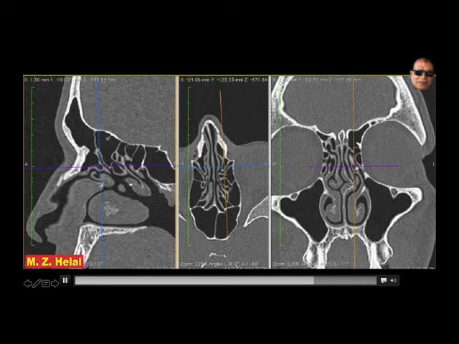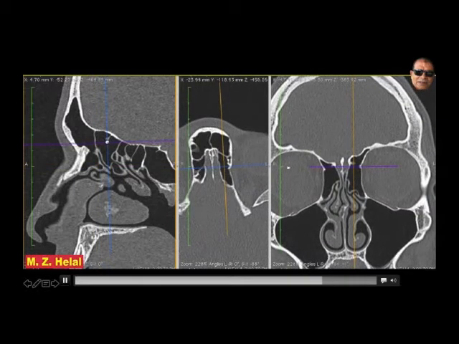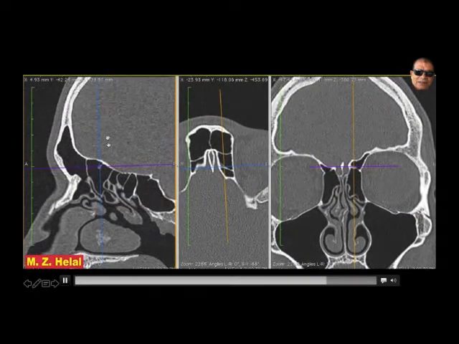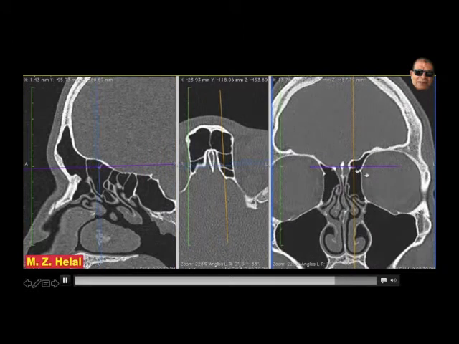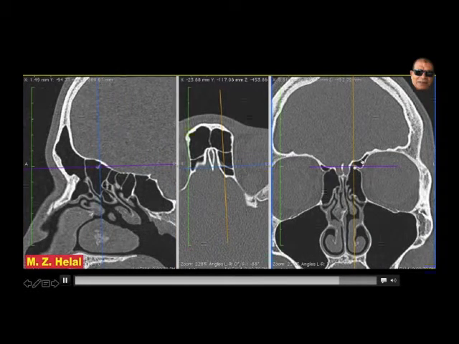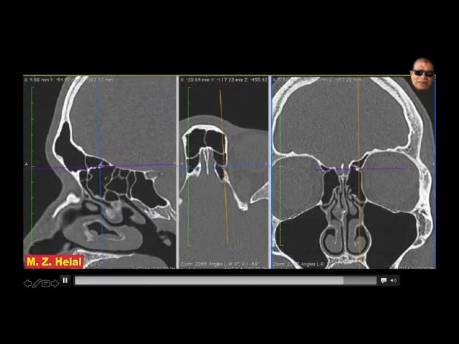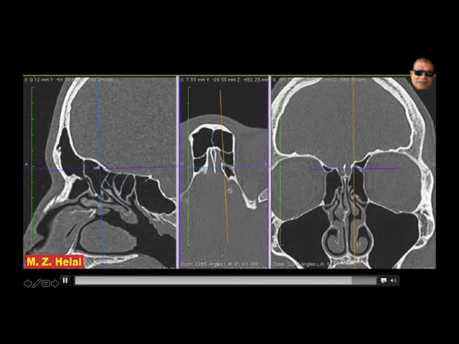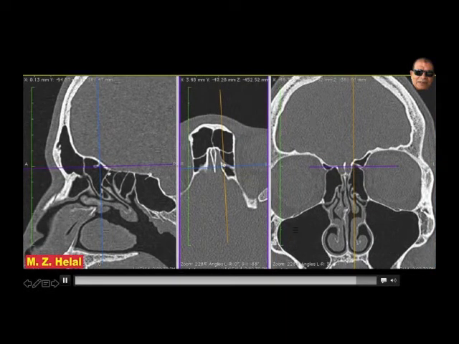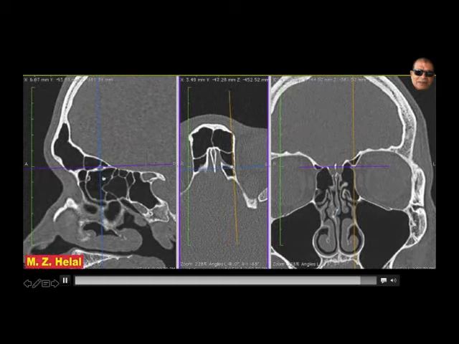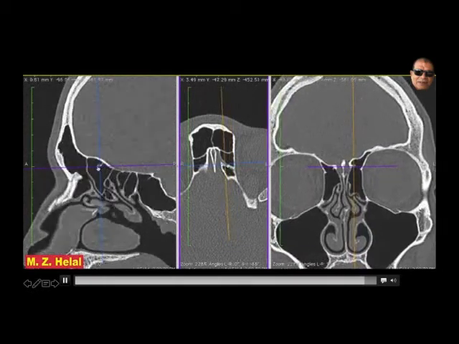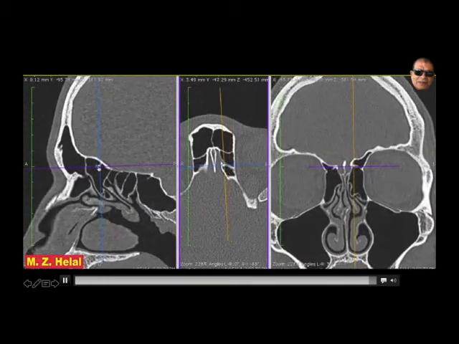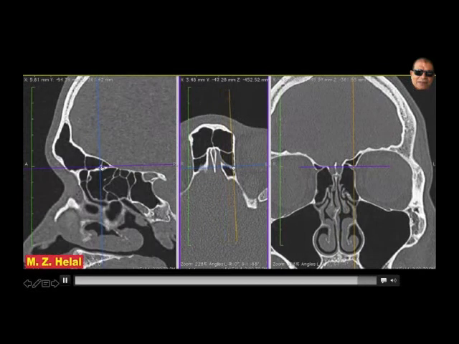Now, because I'm familiar with this multiplanar reconstruction, I know that this is the anterior ethmoidal artery, and it is running here in a mesentery because there is supraorbital pneumatization. Because the bulla ethmoidalis is reaching the skull base, it's actually inside the bulla ethmoidalis. And as you can see on this sagittal cut, it runs in the floor of the supraorbital pneumatization.